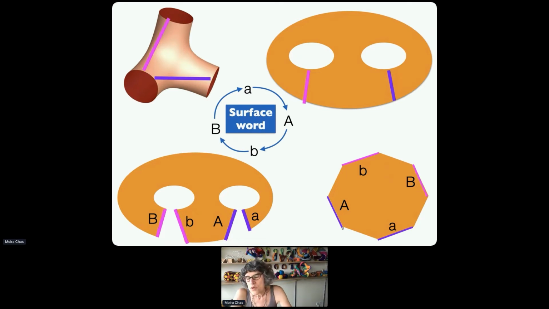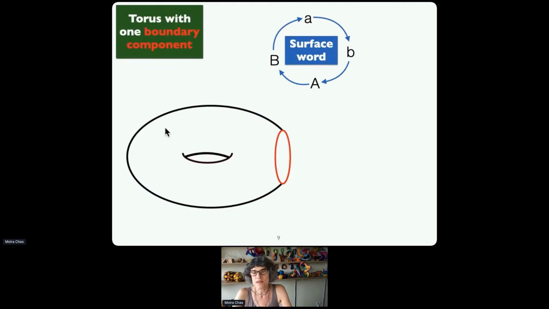Then I go around and copy the letters I wrote, and this is a surface word. So it's a ring of letters, and you can clearly get the rules of the surface word. If I have a lowercase letter, I have to have an uppercase one, and vice versa. There are finitely many, there's an even number, etc.